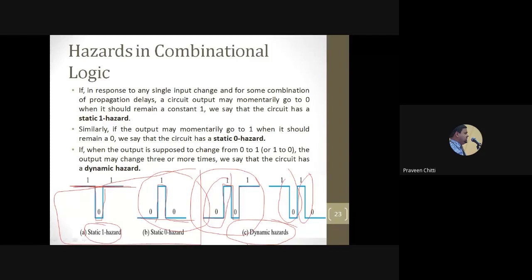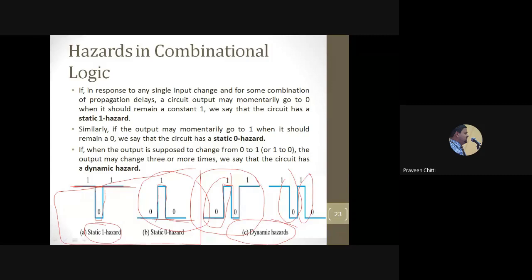Then what is dynamic hazard? Sahil, can you define dynamic hazard? In dynamic hazards, the output continuously goes on changing, like from 1 to 0 or 0 to 1. Okay.